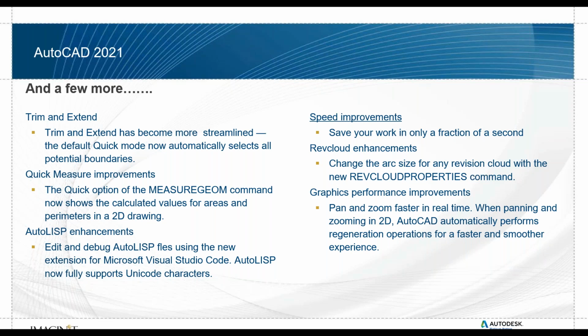And then of course the revision cloud, changing the size of the revision cloud with a few new properties. Also with the graphics and performance, being able to pan and zoom quicker and in real time is a great help.